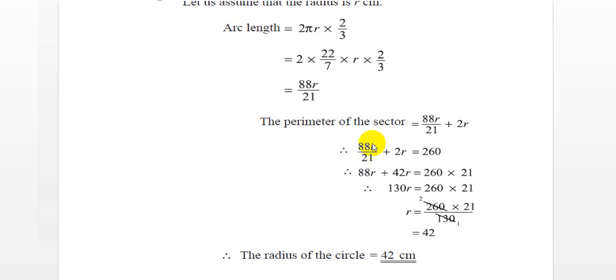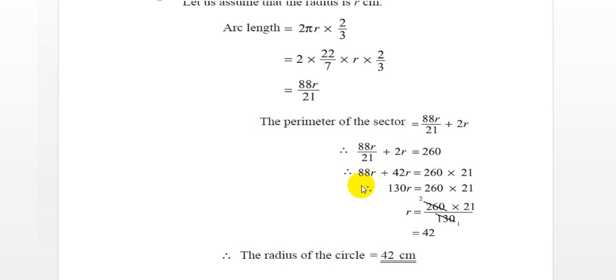As you can see, on the left side of this particular equation, 88r over 21 is a fraction, and here we have 2r, so the denominator value is 1. So when you simplify this fraction, you get the LCM as 21. So 88r plus twice of 21, which is 42r, equals 260.